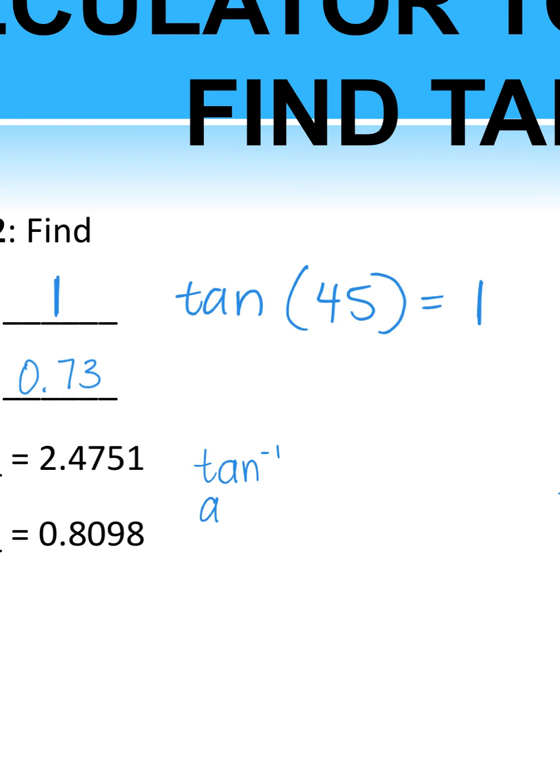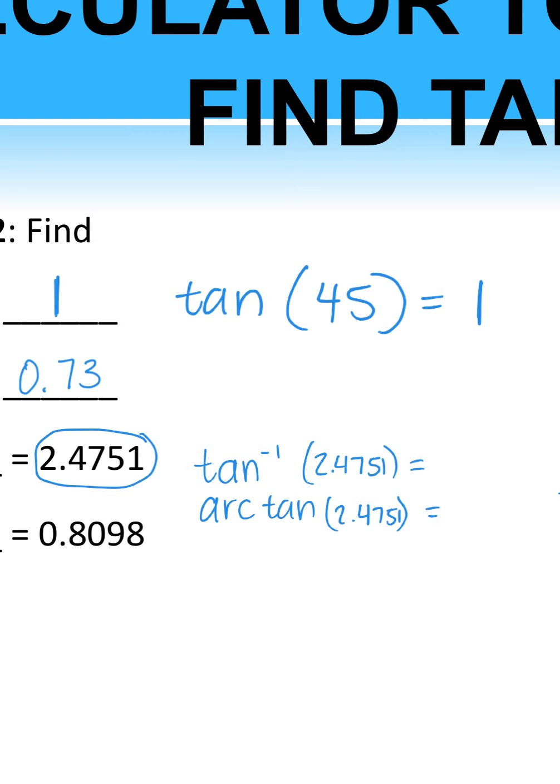So tan inverse or arc tan. And then it's going to have parentheses afterwards. And you're just going to plug in the number that you're given. So in this case, it's 2.4751. Make sure you're in degrees, and let's check it out.